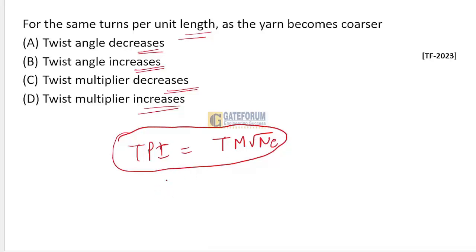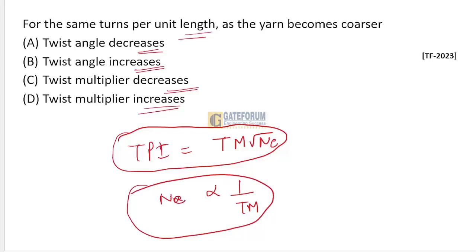So you can say that the count is inversely proportional to the twist multiplier. Ne is an indirect count. So for coarser yarns, the twist multiplier increases. If Ne is higher, then the twist multiplier is lower. If Ne is higher, it means a finer count.